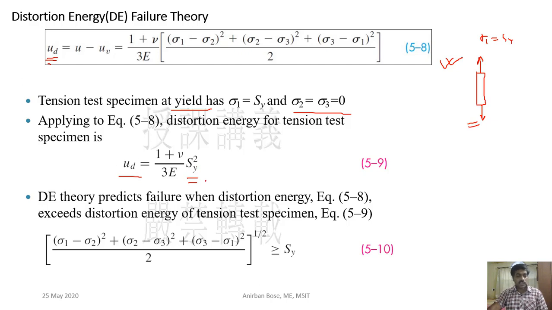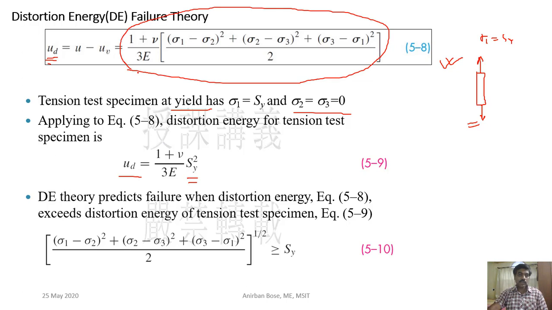So what is the distortion energy failure criterion? The distortion strain energy produced in a particular component must be greater than or equal to that corresponding to the tensile test, otherwise the component will fail. So (1 plus nu) by 3 will cancel from both sides.